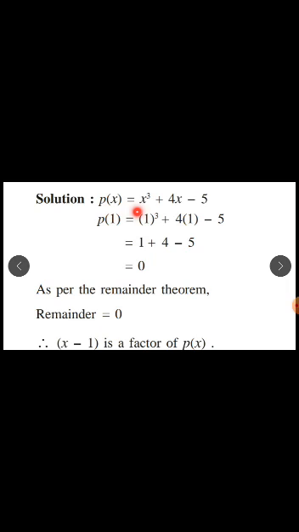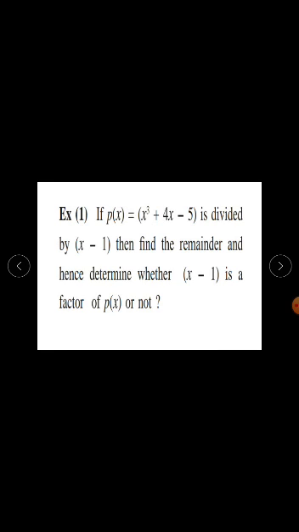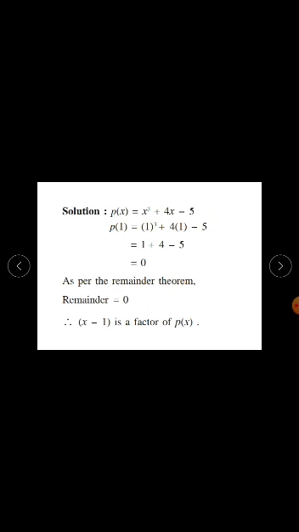p of x equal to x cube plus 4x minus 5. It is your dividend polynomial. And what is your divisor? Divisor is x minus 1. So take the opposite of minus 1, which is plus 1.